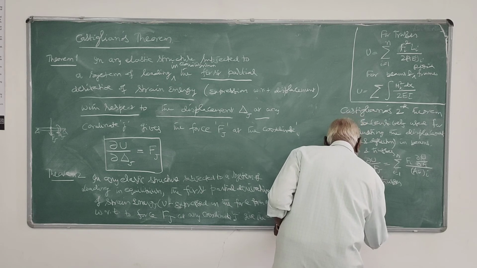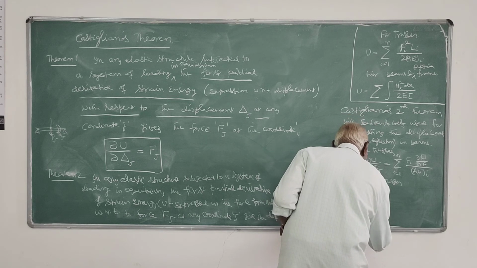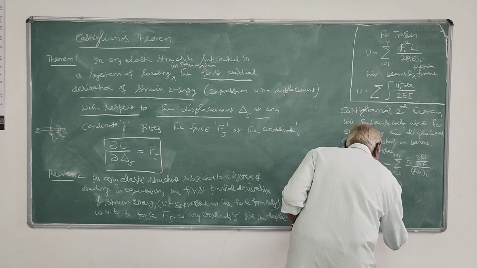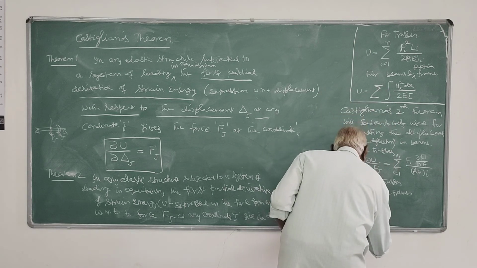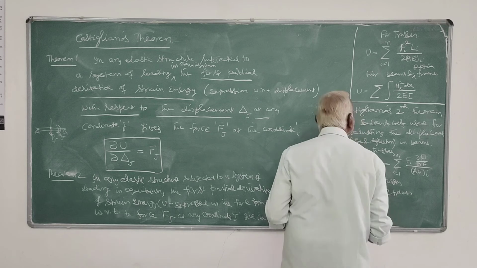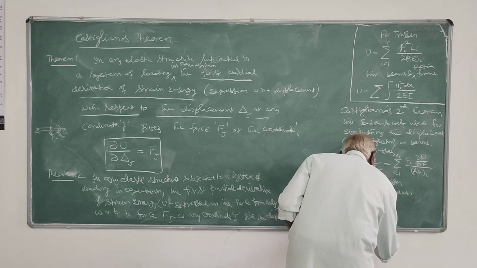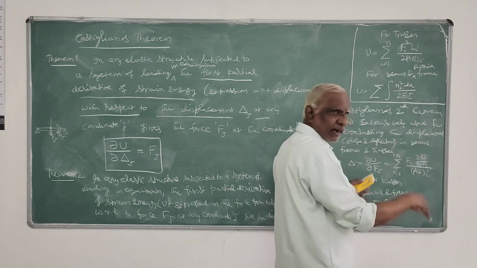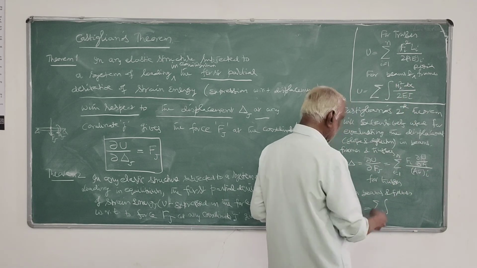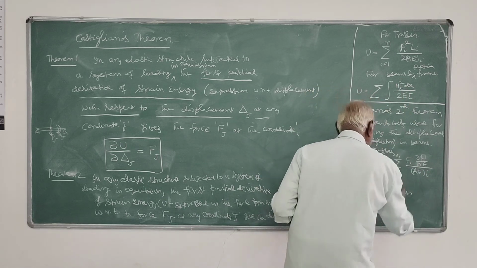And for beams and frames, delta is given by the sum of the integral of 2Mx by delta Mx by delta Fj, the j coordinate.